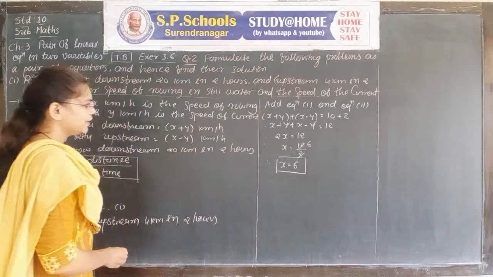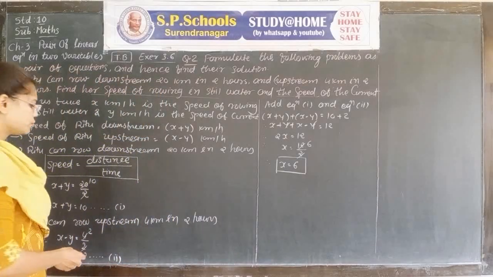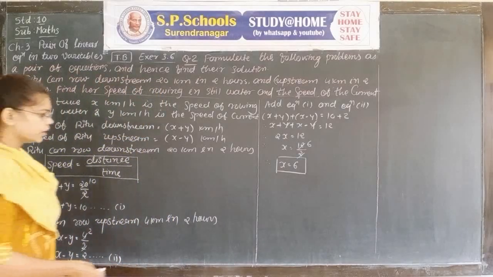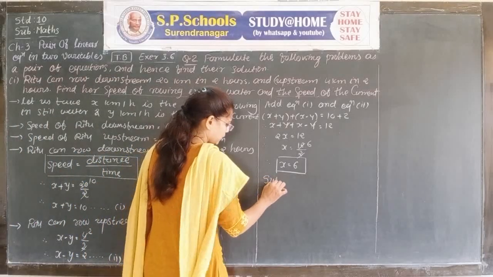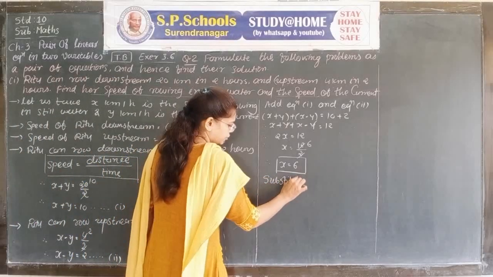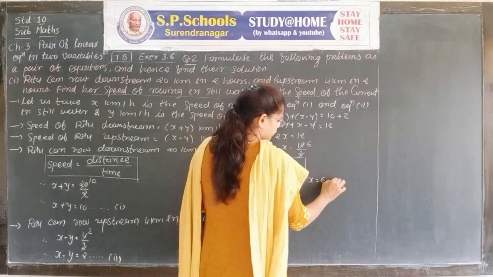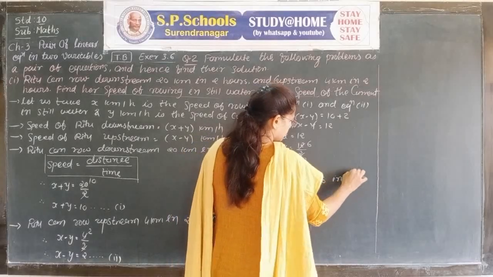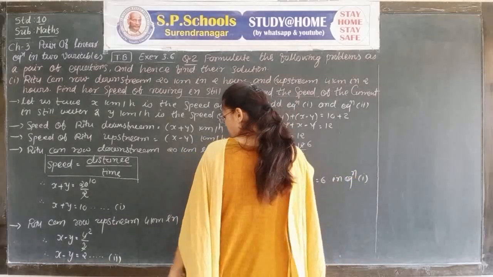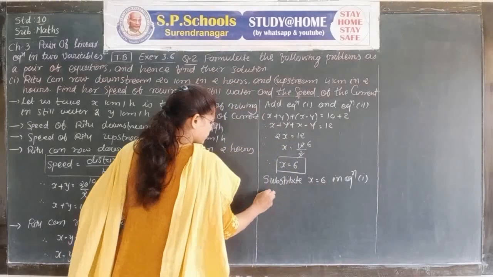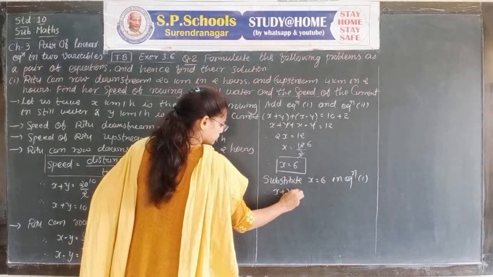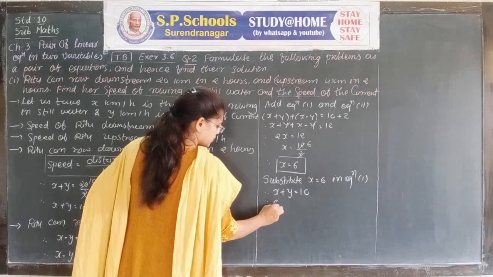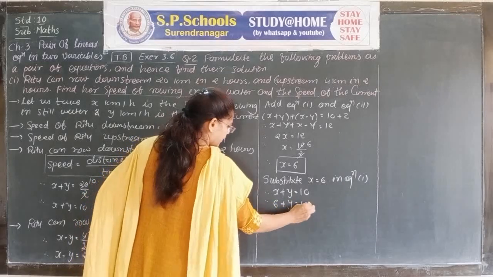To obtain the value of y, we substitute x is equal to 6 in equation number 1. Our first equation is x plus y is equal to 10, where x is 6, so 6 plus y is equal to 10.